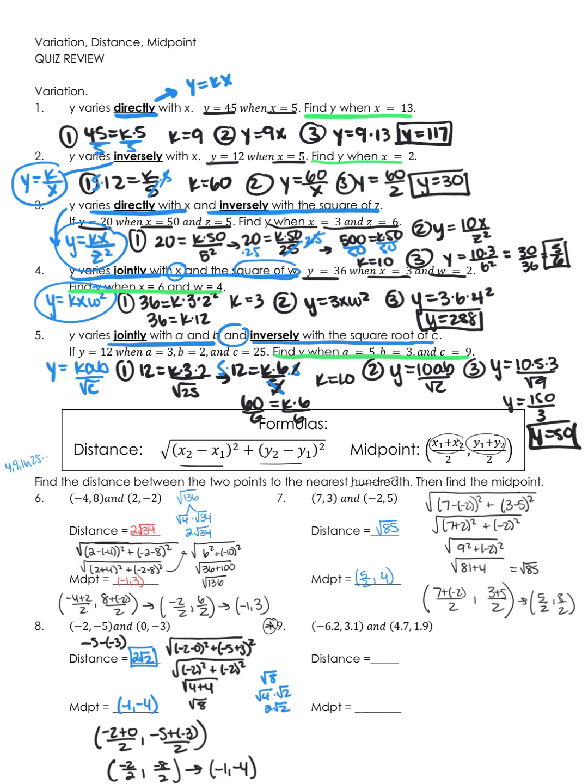And then this one is going to require the use of a calculator for sure. So we'll do the square root of -6.2 minus 4.7 squared plus 3.1 minus 1.9 squared.